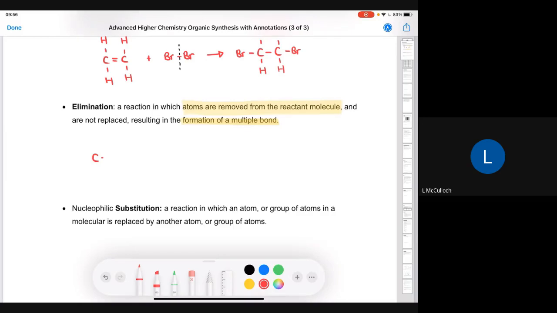I'm going to look at the reaction of propan-1-ol, which is an alcohol. Now, in this reaction here, the OH from the alcohol and the hydrogen from a next door carbon are going to be removed.